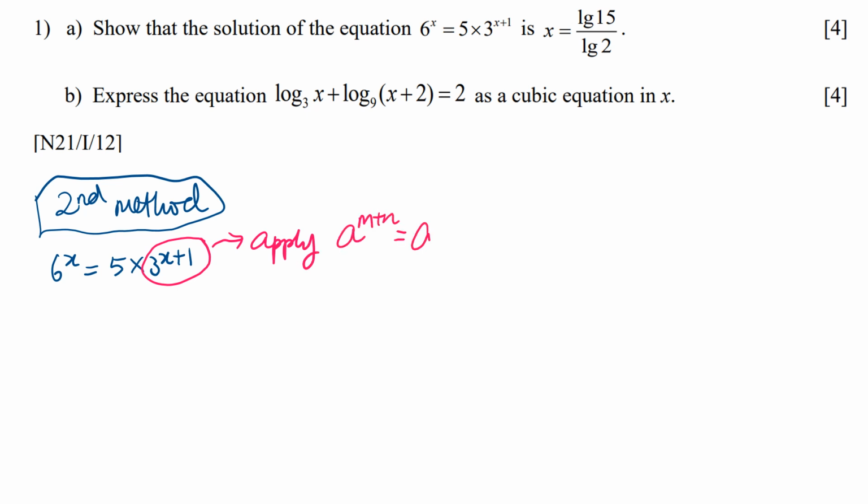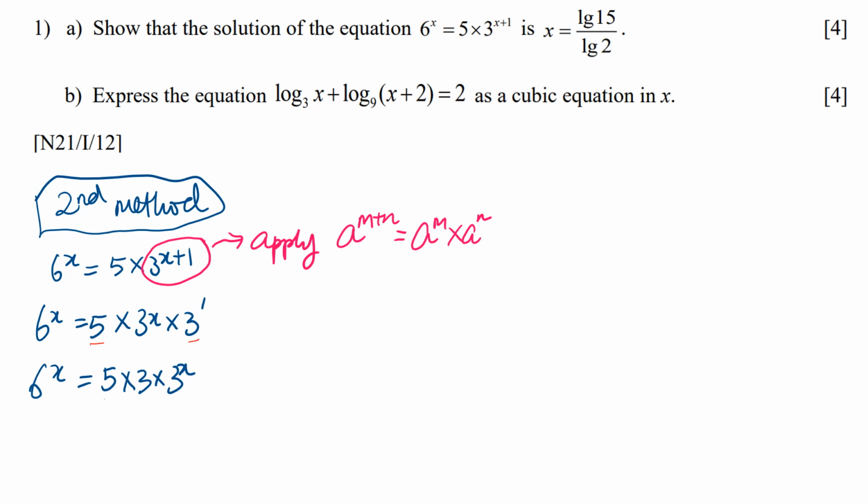We're going to apply a to the power of m plus n equals a to the power of m times a to the power of n on the one that I've circled. And then I'm going to rearrange. That means I can take 5 times 3 here, put them together, and that will give me 6 to the power of x equals 15 times 3 to the power of x.